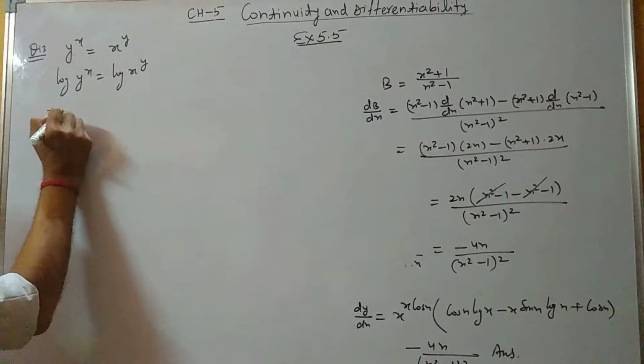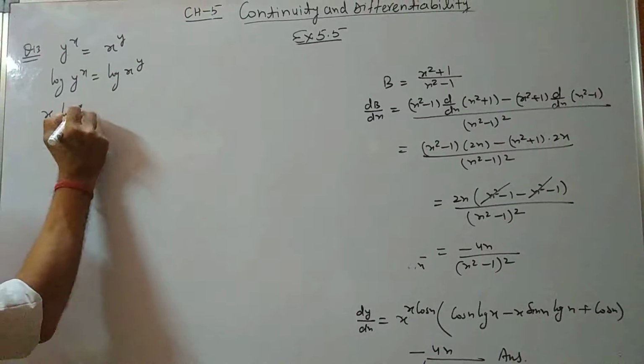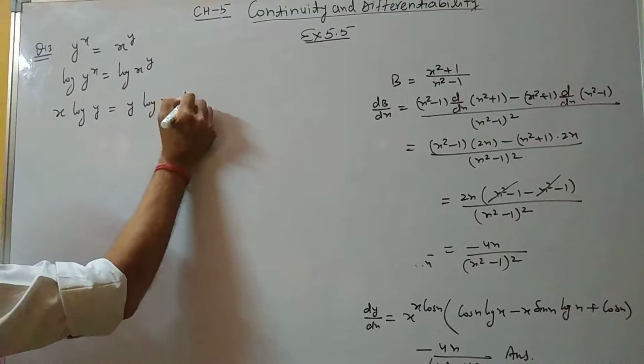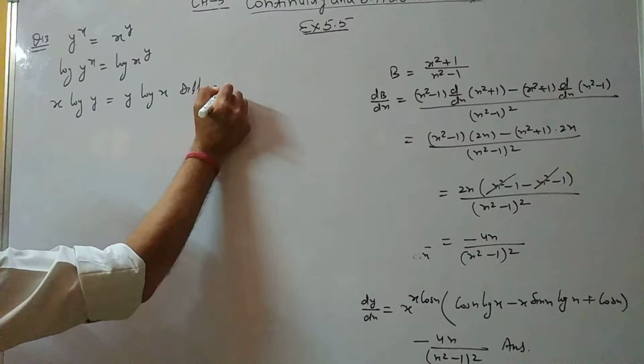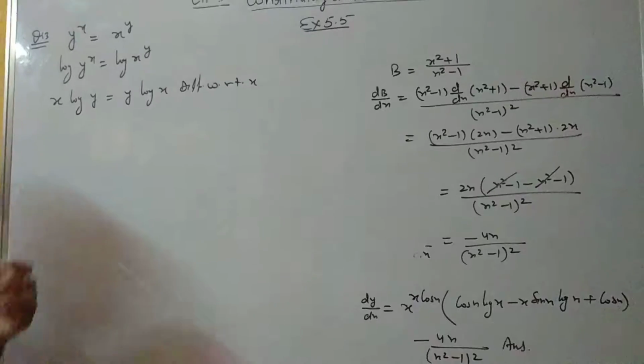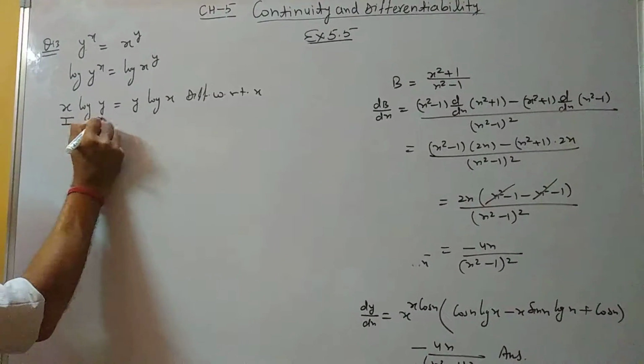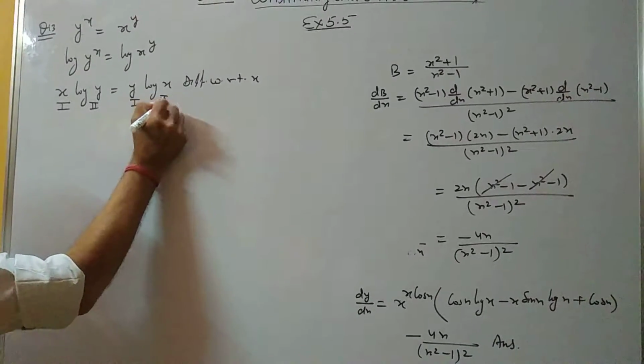Now by the property of log, x log y is equal to y log x. So differentiate with respect to x. Then in this side, that is the product rule, again that side is product rule.